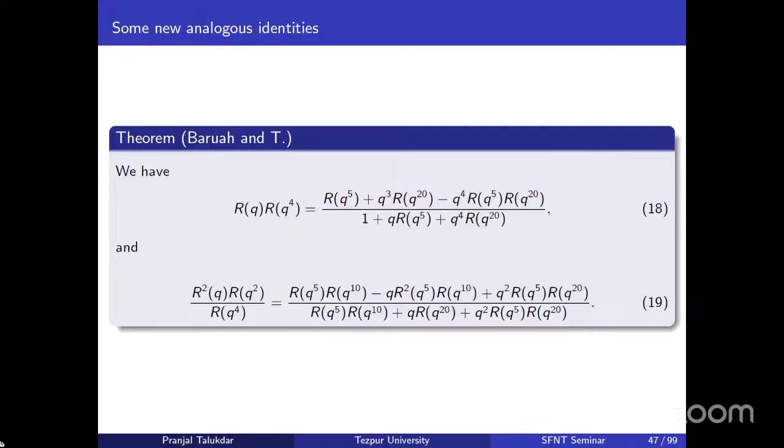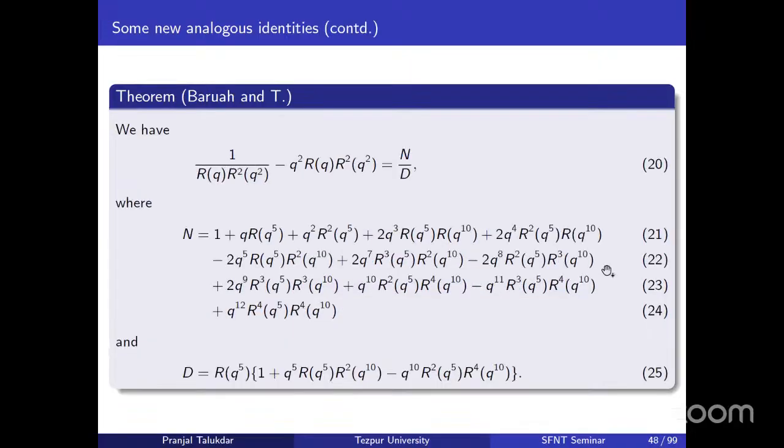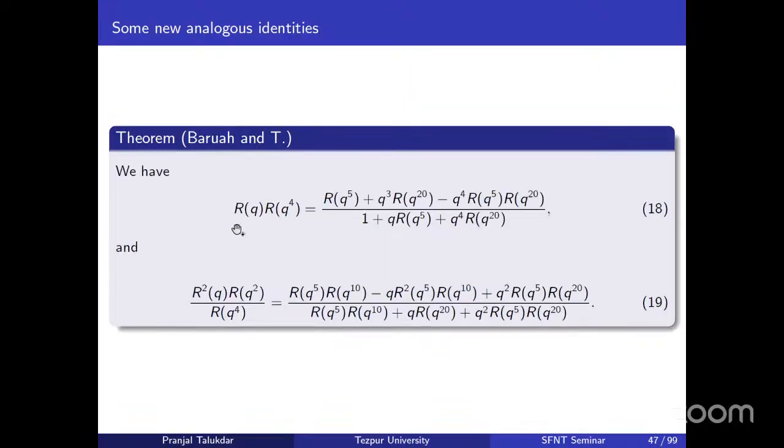In this equation 18, you can see that on the left hand side we have a function of rq4, and on the right hand side we have expressed this function as a function of rq5 and rq20. So in some sense this is similar, or analogous, to that identity of Ramanujan. In this second identity we have expressed a function of rq square and rq4 as a function of rq5, rq10 and rq20.